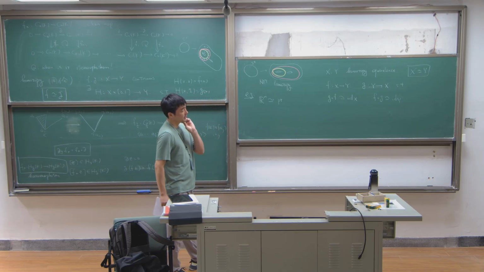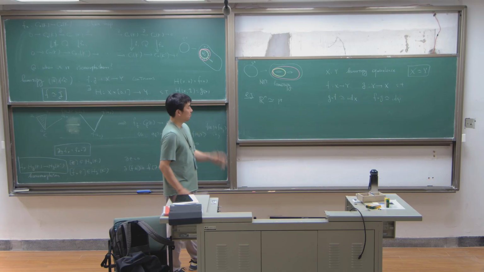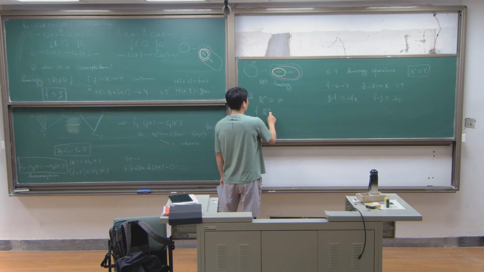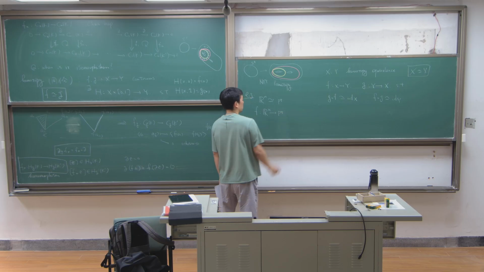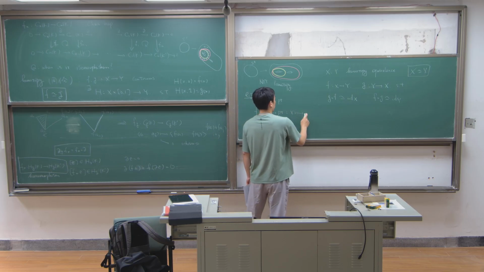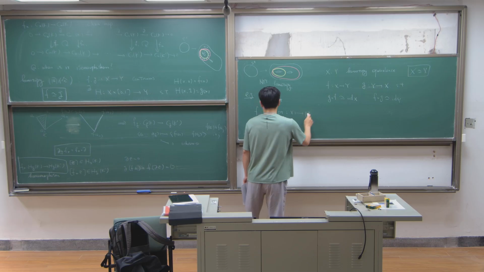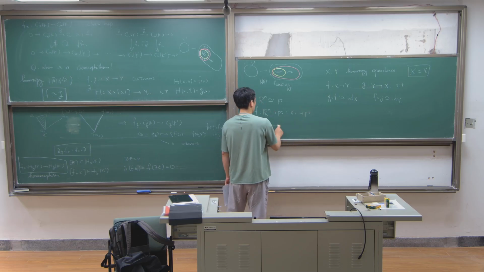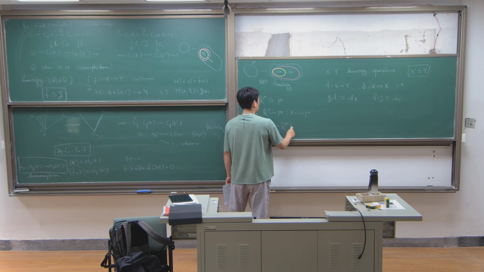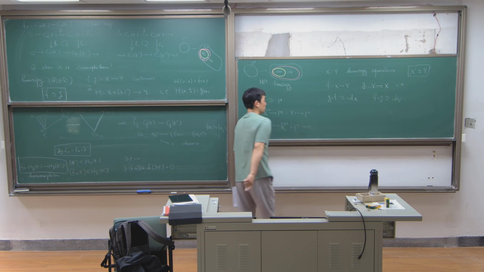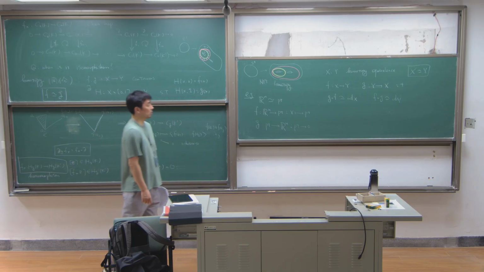Let F be the map from Rn to the point such that any point is mapped to the point, and G be the map from the point to Rn, which sends the point to 0. Okay, so this is the case.